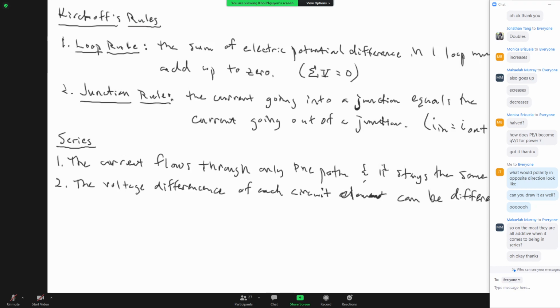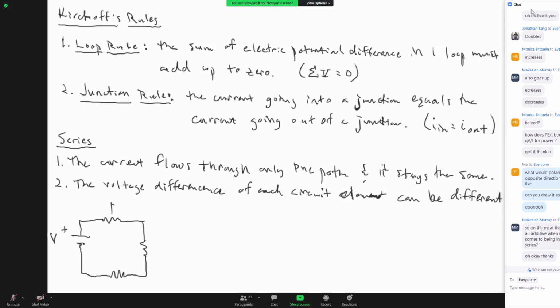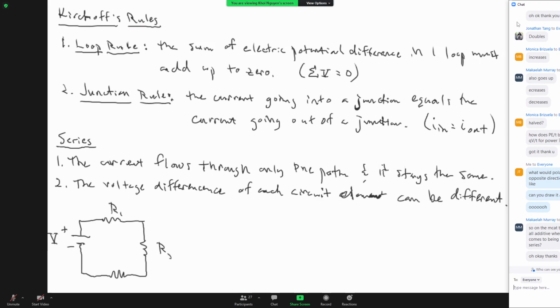So let's take a look at Kirchhoff's loop rule in action with a bunch of resistors in series. So this is some voltage from a battery. We'll call these R1, R2, R3. Plus negative, plus negative, plus negative, okay?